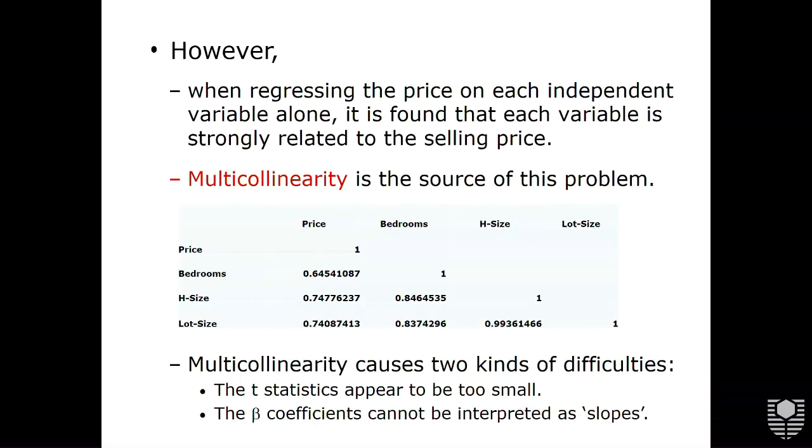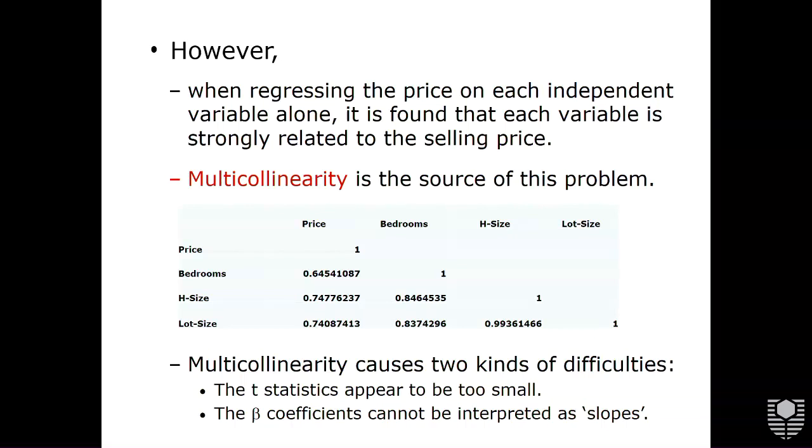So this is the correlation matrix. So how to test the association: Y with X1, Y with X2, Y with X3, X1 with X2, X1 with X3. That's the correlation as I showed you guys in the example.